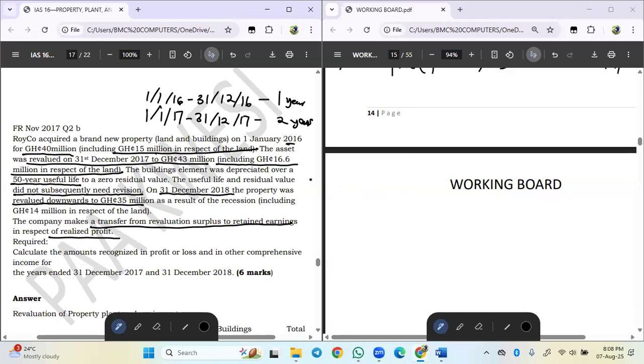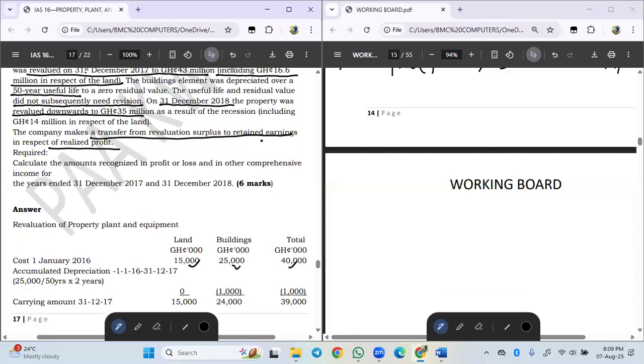But in accounting terms, if you don't take care, you get confused here. So I'll just write it down like this. From 1st January 2016 to 31st December 2016 is 1 year. Then the date for revaluation is 31st December 2017, so you have to calculate depreciation for the whole of 2017 as well. That is the second year. So the accumulated depreciation will be 2 years.